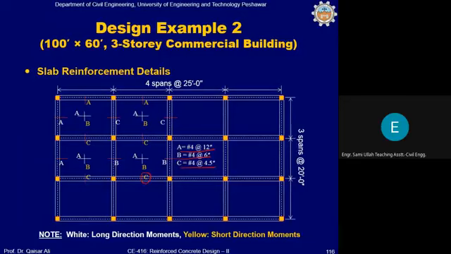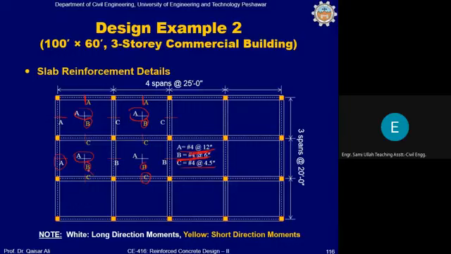You can see that the bottom reinforcement along the shorter direction is B, number 4 at 6 inch, and bottom reinforcement along the longer direction is A, number 4 at 12 inch. Also, the top reinforcement at discontinuous ends is also A, which is number 4 at 12 inch.